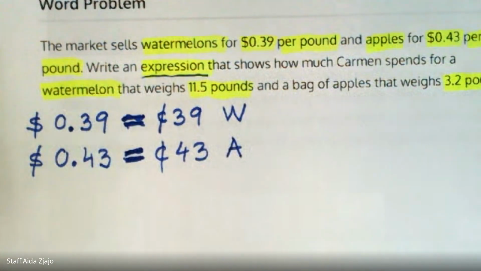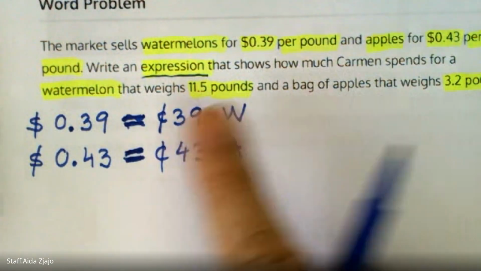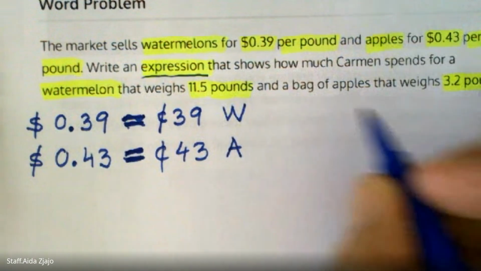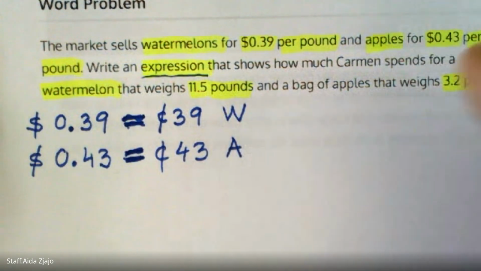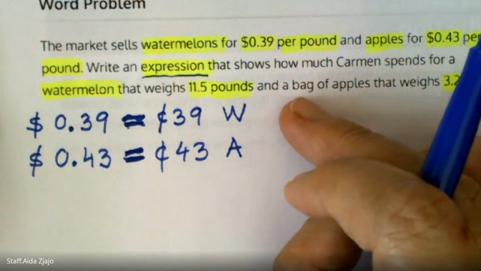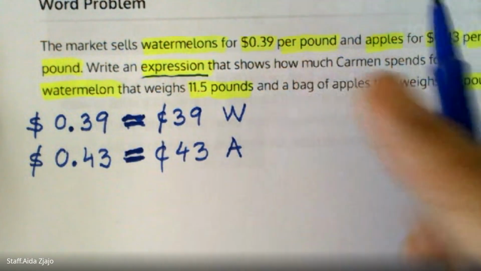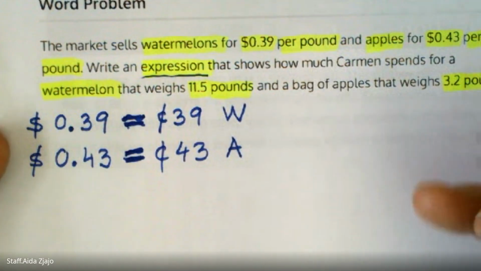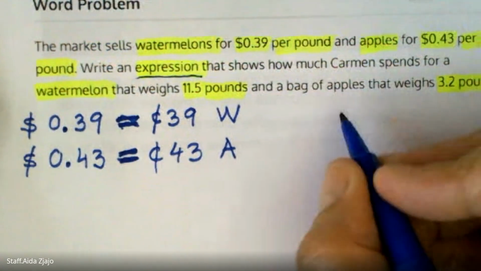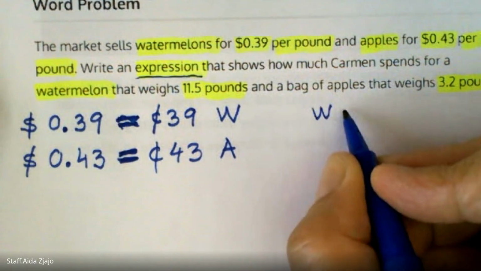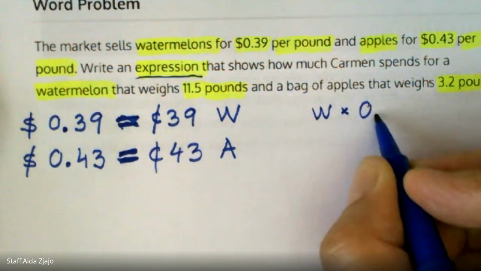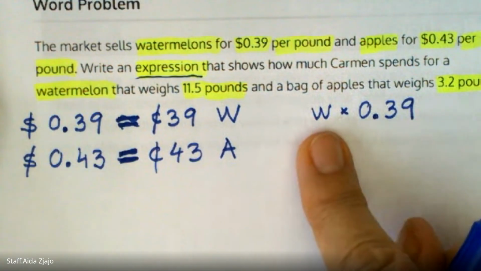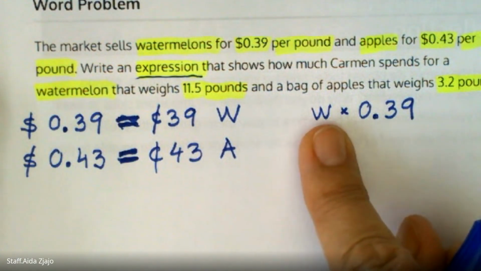So what if I needed to find an expression for any amount of dollars? If I take W to be the unknown number of pounds I would like to buy of watermelon, then the expression is W times 0.39, and this will be the expression for any number of pounds of watermelon.